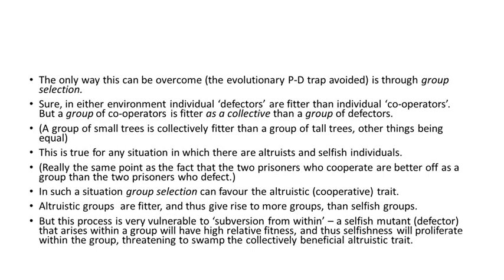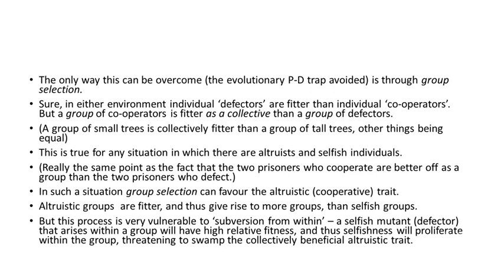But a group of cooperators is fitter as a collective than a group of defectors. A group of small trees, other things being equal, is collectively fitter than a group of tall trees. Right?